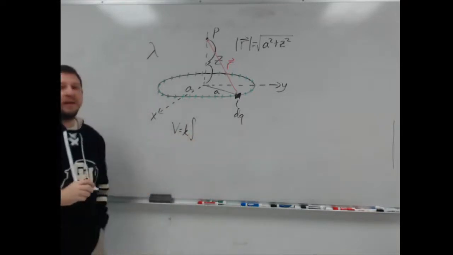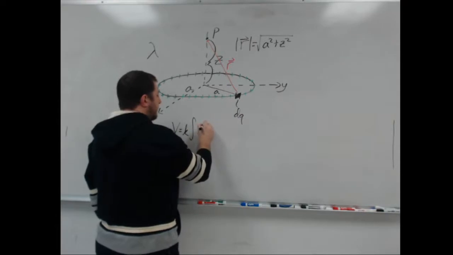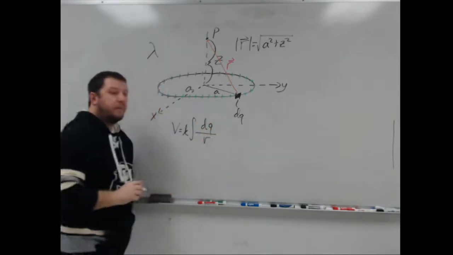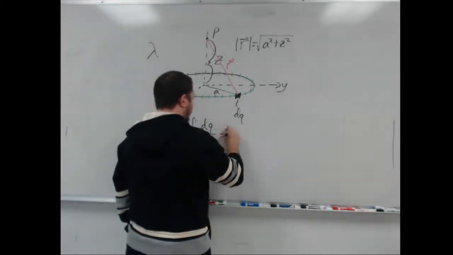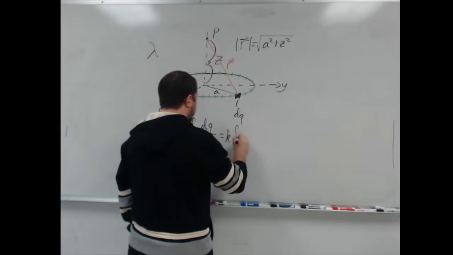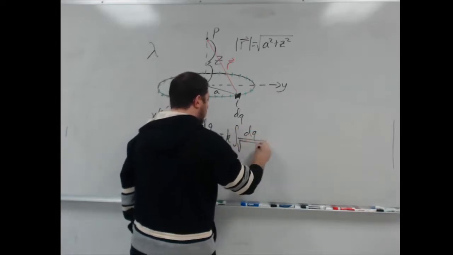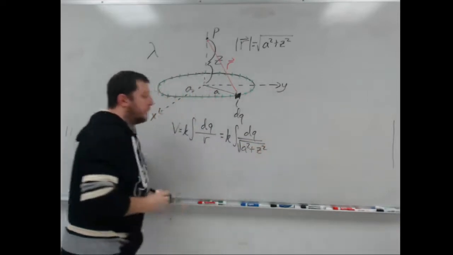And then I'm going to pull the constant out of the integral. Then my calculation becomes k times the integral of dq over the square root of a squared plus z squared.